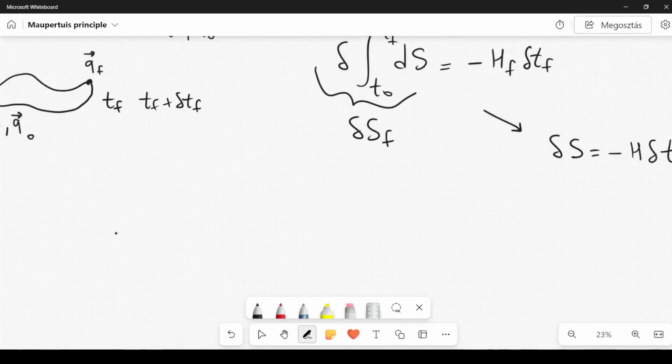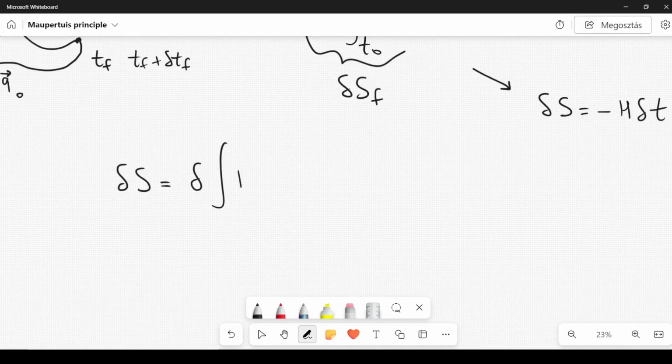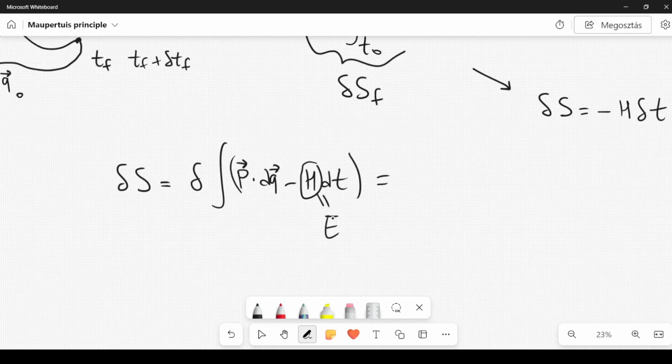Now we can also write the change in the action as the variation of a certain integral of the kind p dot dq minus h dt. And at this point we change h to some constant e, so we assume that we are considering only paths with the same energy, so the variation can be written as the variation of p dot dq minus e delta t like this.